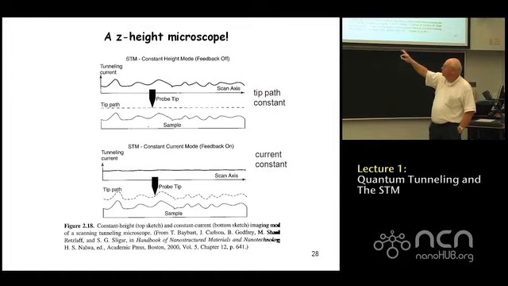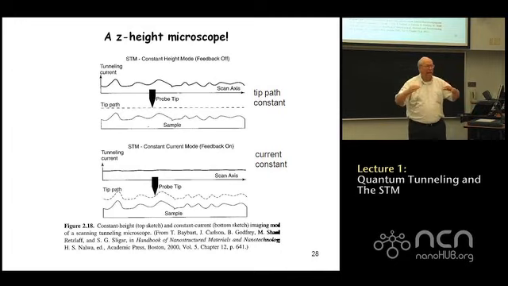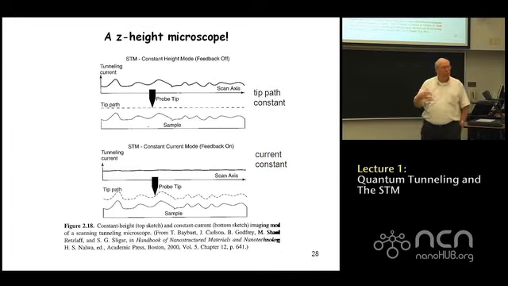If you keep the tip constant as you scan over the sample, and if the sample has features that go up and down, then the tunnel current will vary exponentially with separation, and you'll get a map in the tunnel current that somehow mimics the geometry of the surface. That's in the top slide, right? Now that's a useful way to scan if the substrate is really flat.